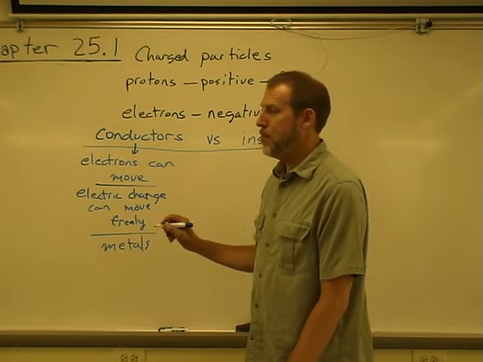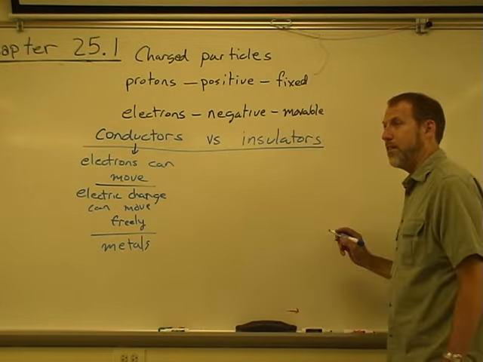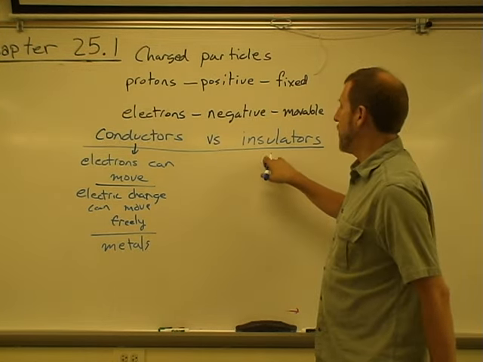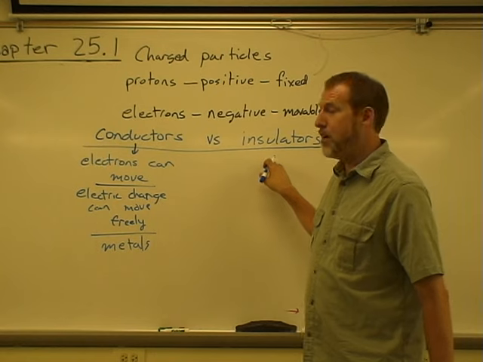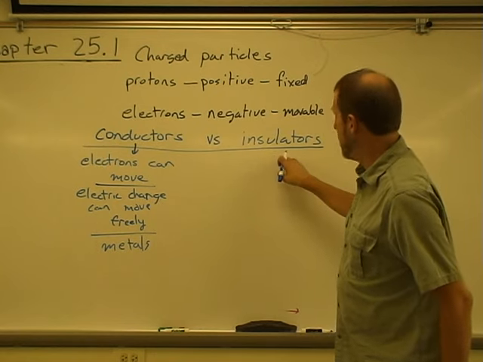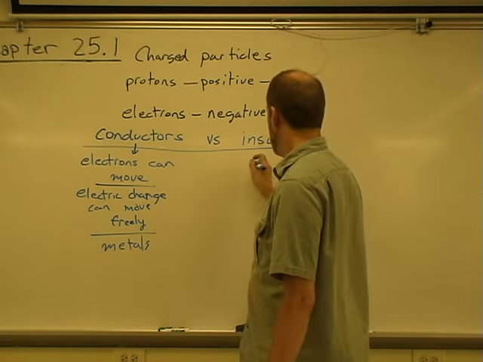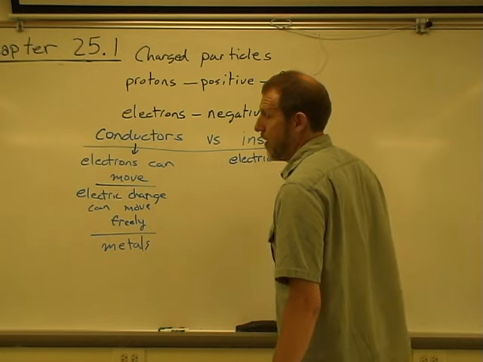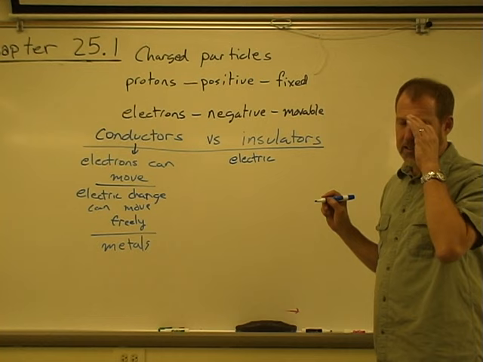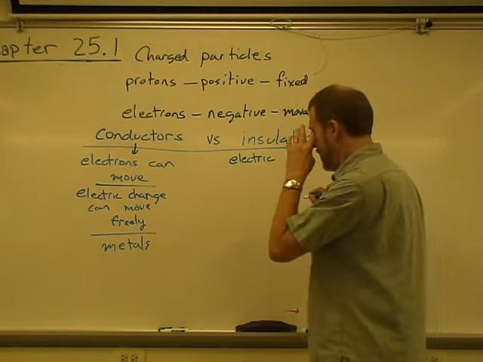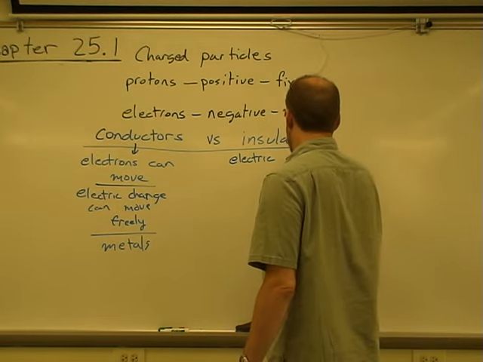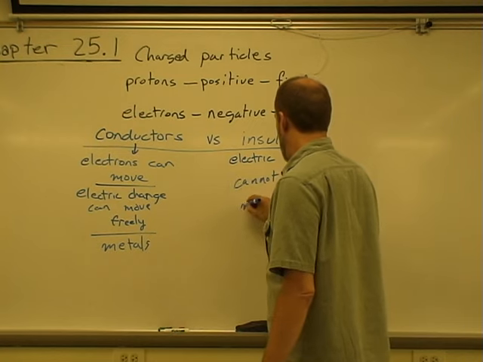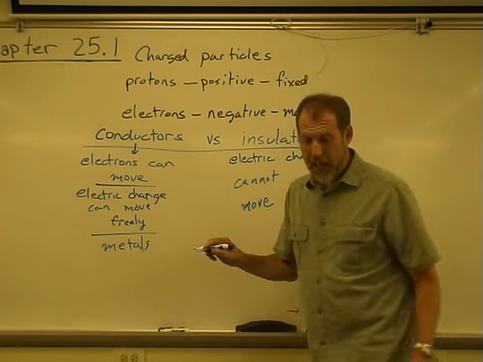And in fact, I believe one definition of metal is anything that works as a conductor. Anything that doesn't work as a conductor, where the electrons are not free to move, is classified as an insulator. And an insulator doesn't mean it blocks the effect of electric charge. It simply means that electric charge cannot move.